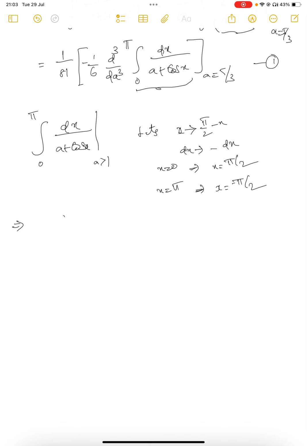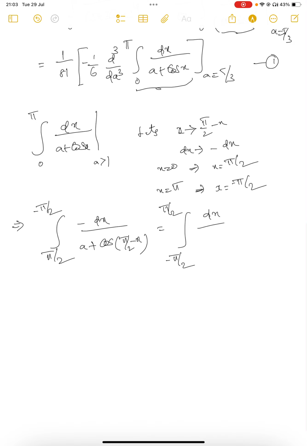Then this integration will turn into 0 to pi by 2, pi to minus pi by 2, dx into minus dx, by a plus cos of pi by 2 minus x. Because of this negative sign, we can interchange the lower and upper limits, so it is minus pi by 2 to pi by 2 dx by a plus cos of 90 minus x, which is sin x.